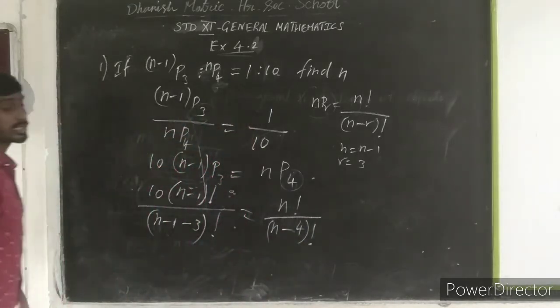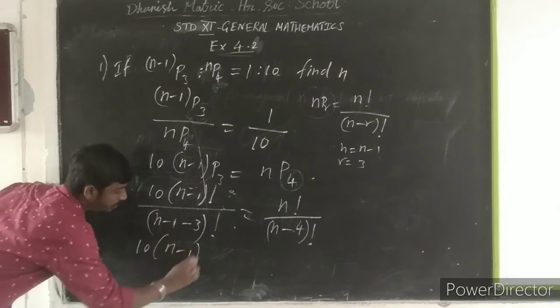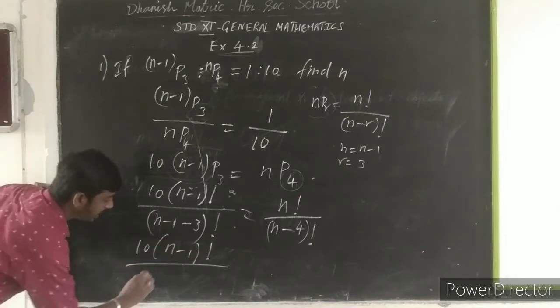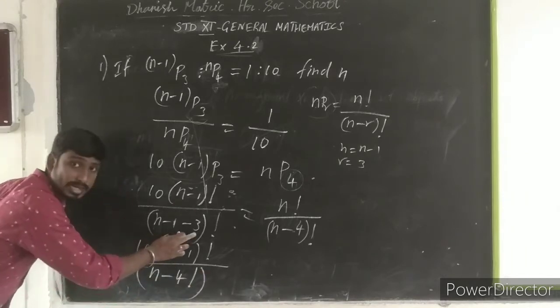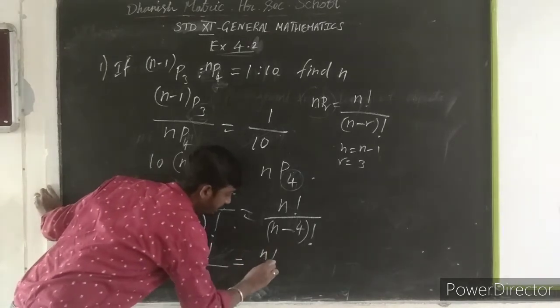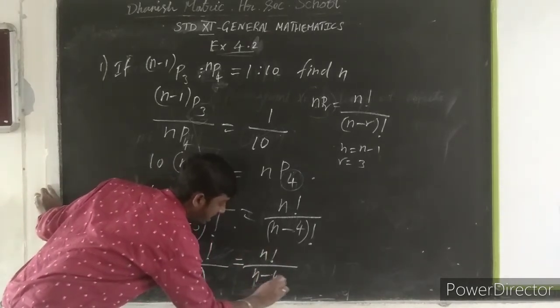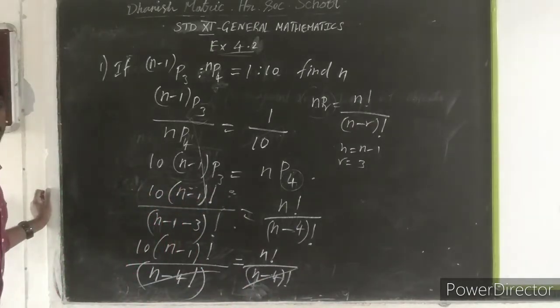Now going to write like this. So here itself we are getting 10 into n minus 1 factorial divided by n minus 4 factorial, because minus 1 minus 3, that will be minus 4 here, equal to n factorial divided by n minus 4 factorial. Now cancelling denominator on both sides.